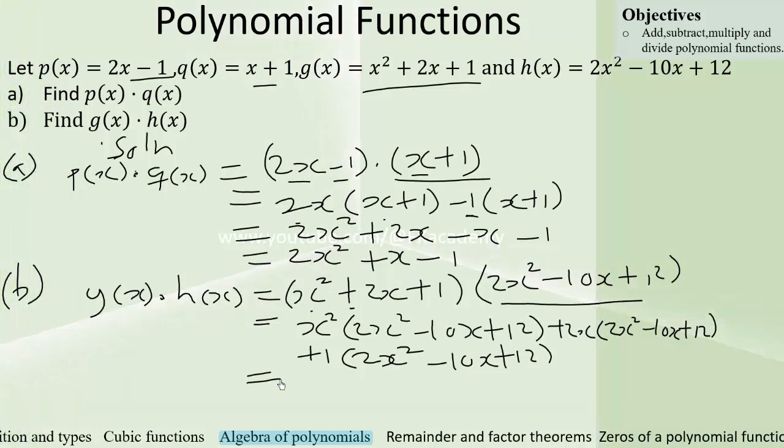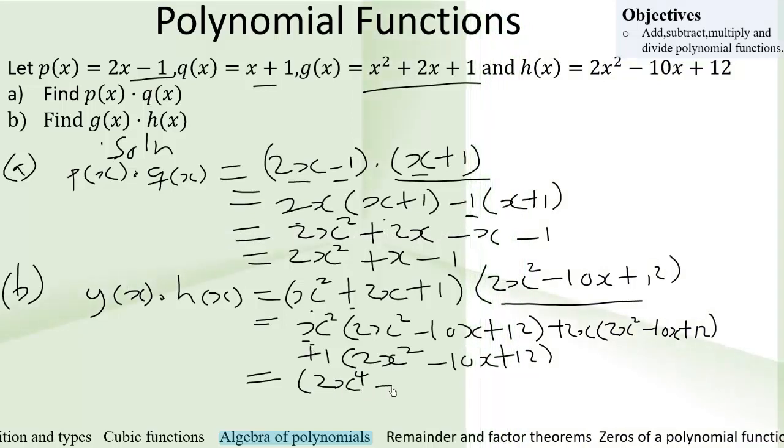So we expand. x squared times 2x squared will be 2x exponent 4. Then x squared times negative 10x will be negative 10x exponent 3. Then we have x squared times 12 will be plus 12x squared.